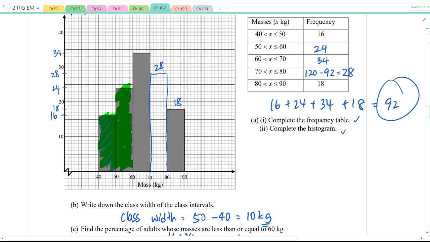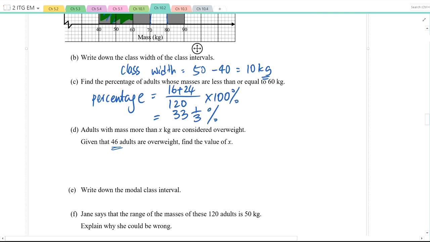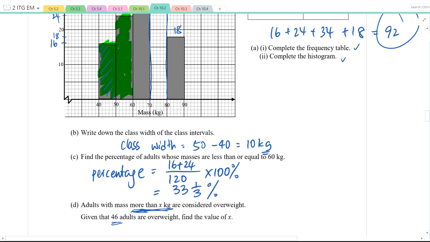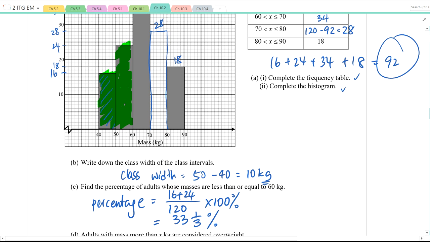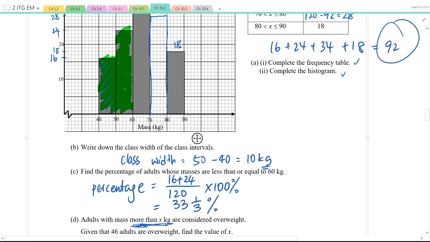Why am I counting from the back? Because the greater your weight, the more likely you are overweight. And they also mentioned that more than a certain value of X will be considered overweight. So we need to start from the back. This 18, definitely overweight. This 28, let's add them up, we get 46, and these are the 46 who are considered overweight. Okay, and there's a cutoff weight of 70 kilograms.